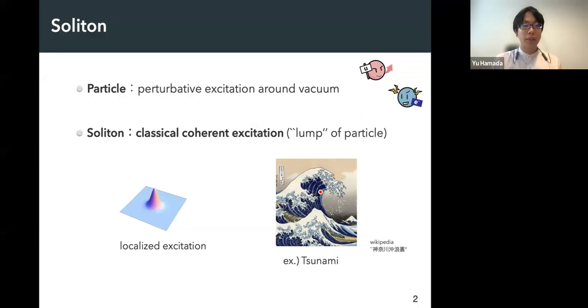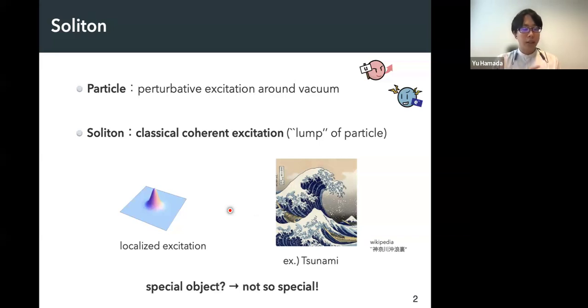One famous example of a soliton is a tsunami, something like this picture. And the tsunami is not perturbative, right? It's a big and very coherent wave instead of a perturbative excitation.